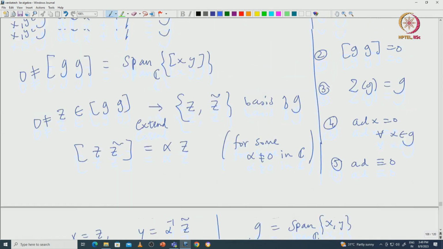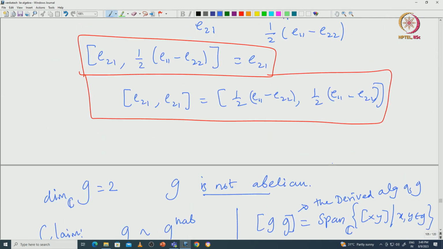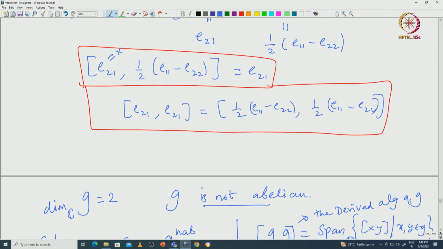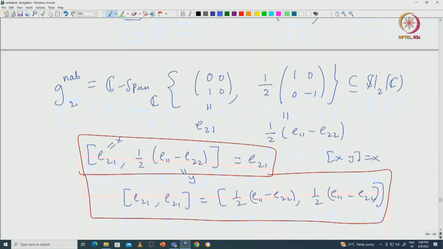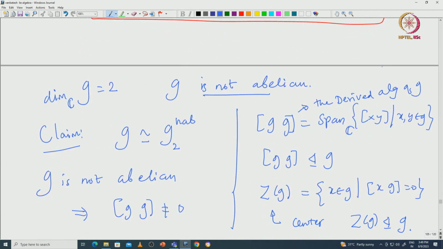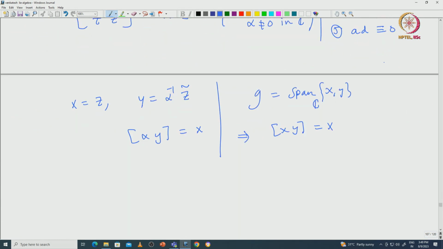If you go back and see our G2 non-abelian, take E21 to be x and half times (E11 minus E22) to be y. Then this bracket [x, y] is nothing but x. So, the Lie algebra that we are actually dealing with contains a basis x, y such that the bracket [x, y] is x. So, this G must be isomorphic to G2 non-abelian.